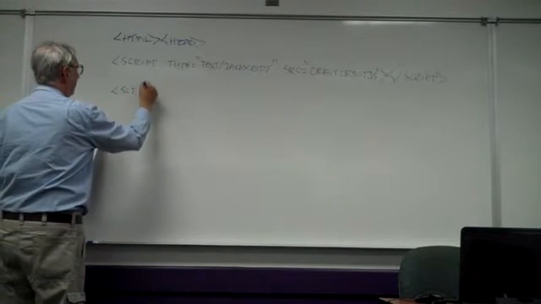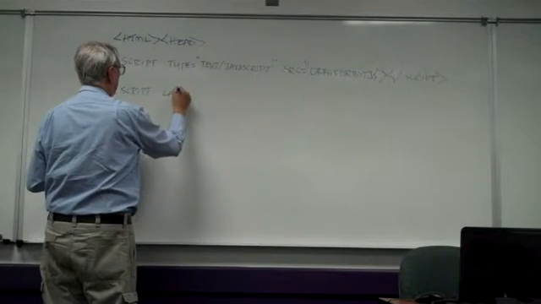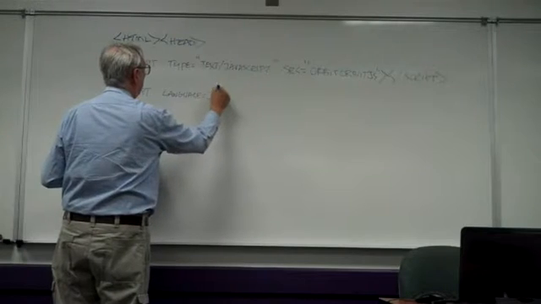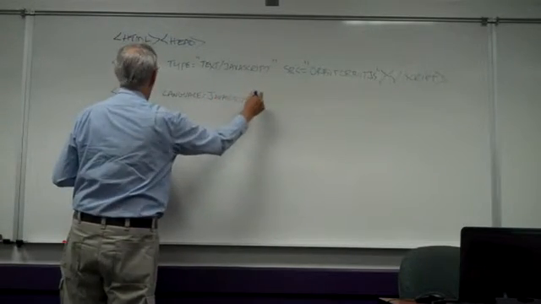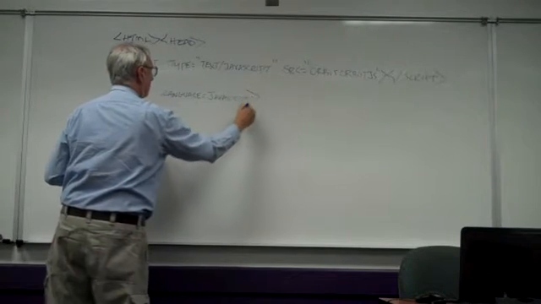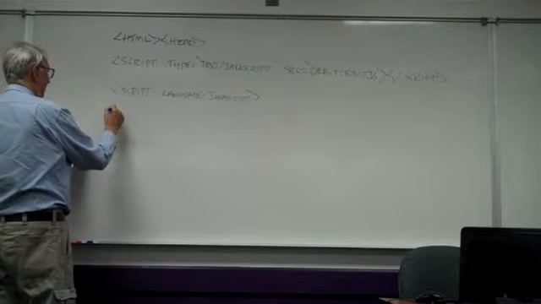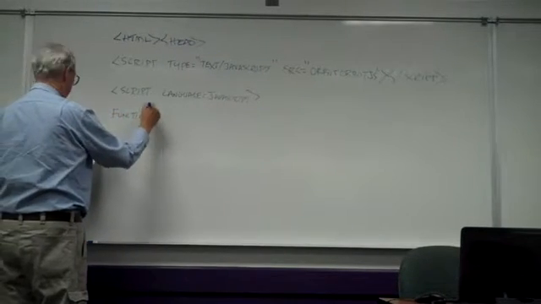I'm going to sort of write it in order here. Language. I'm going to make the function first, because then I can describe all the stuff I have to describe.